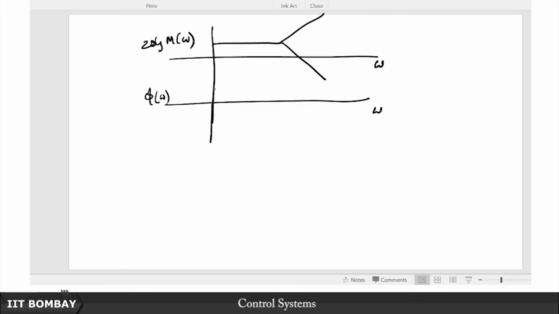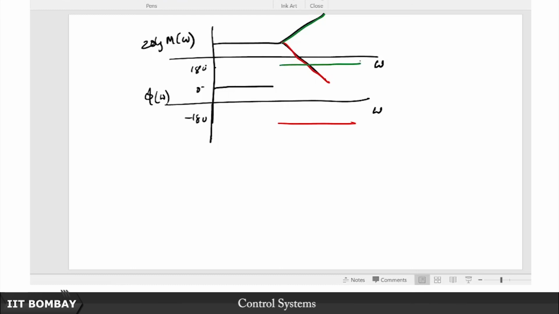Of course, for this you draw this at 0 degrees and you draw this at minus 180 degrees and you draw this at 180 degrees. Let me erase that line. So, this is a quick asymptotic sketch of the phase and the magnitude.